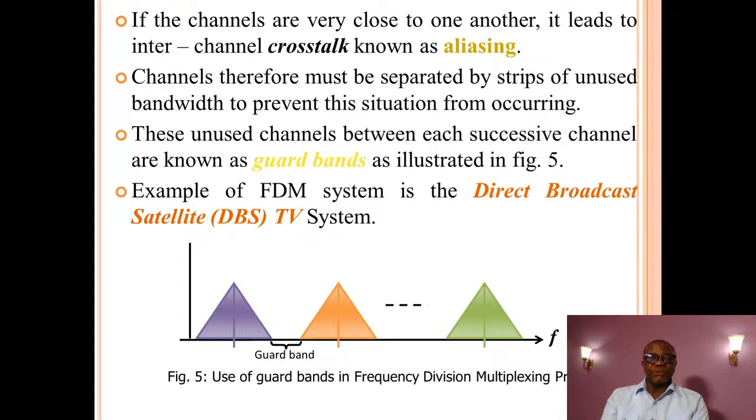And when it does not occur, then you can extract the purple signal without any atom of the orange signal. Therefore, your reconstruction of the purple signal will be accurate. And to do this, we deliberately introduce a gap, which we call the guard band.